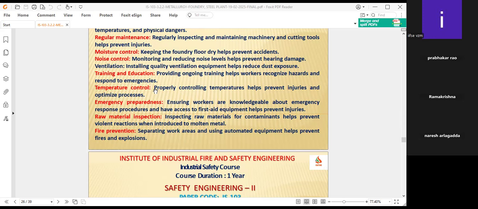Wherever there is high temperature, employees should be asked to take more water.